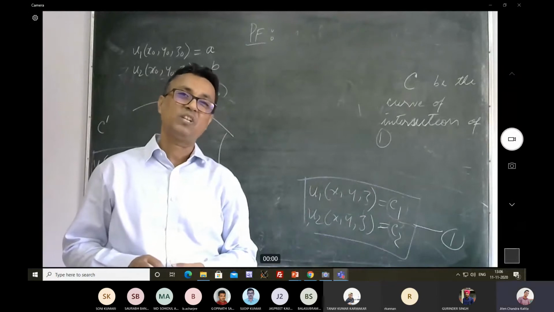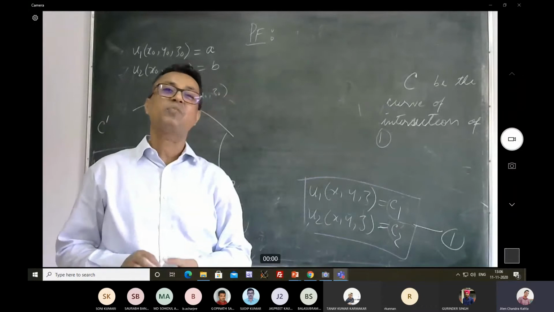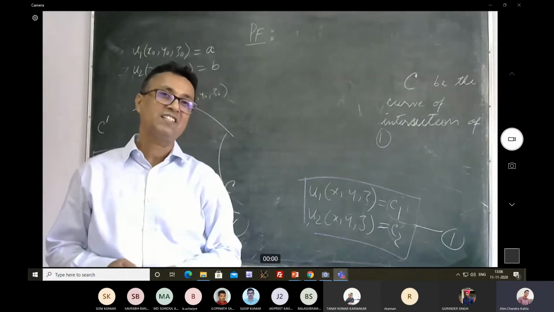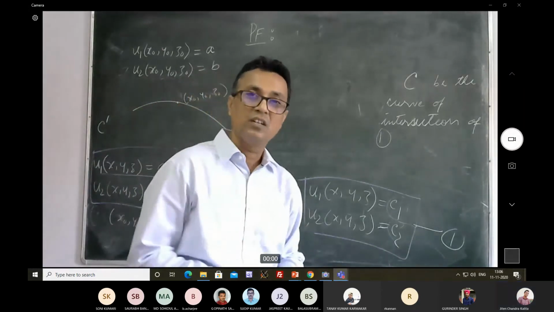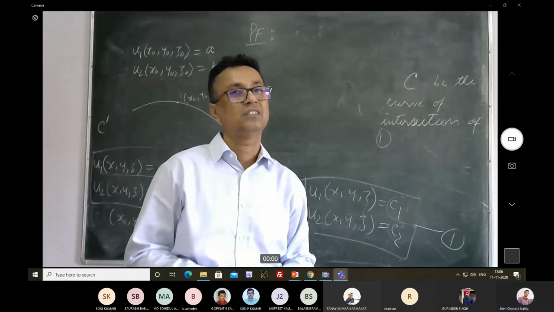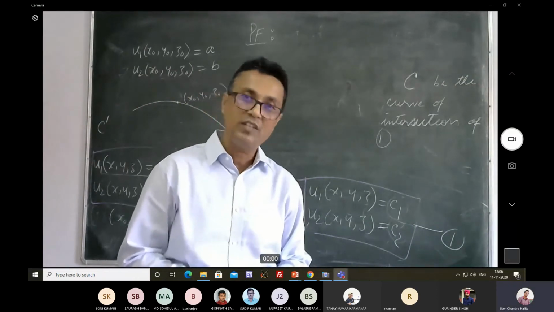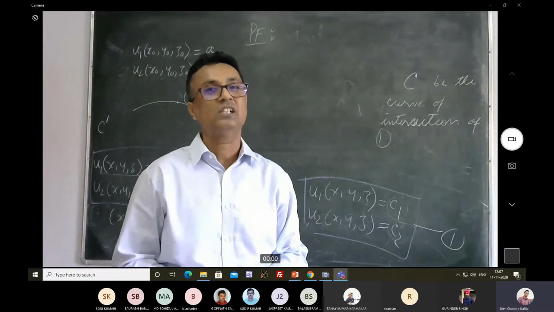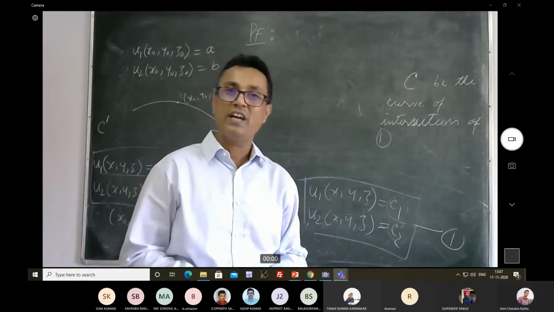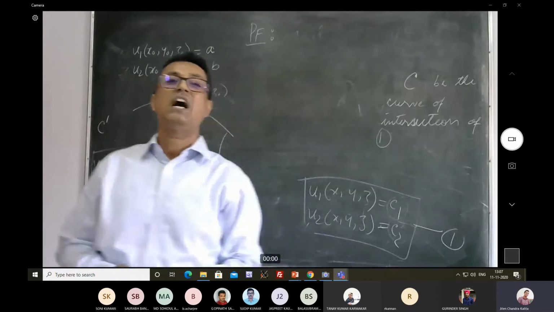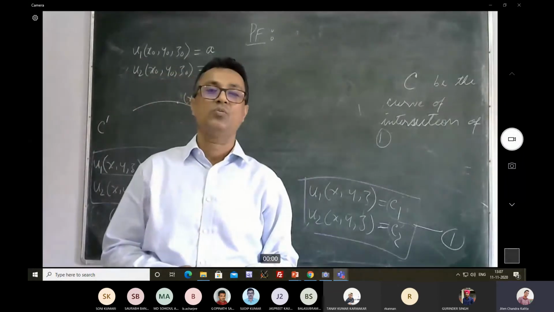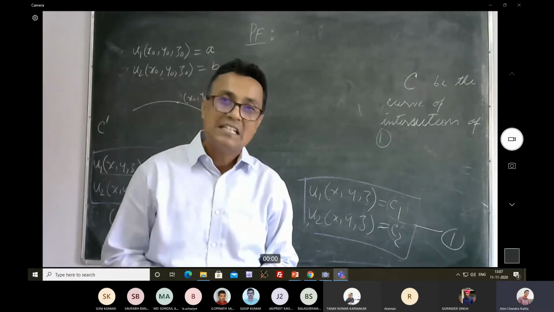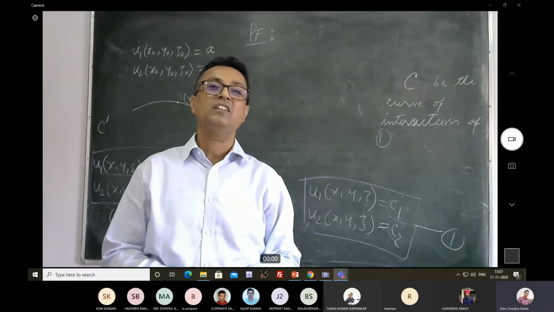Then there is an associated system of equations for V, which we have already discussed earlier, and that is nothing but dx/dt equal to P, dy/dt equal to Q, and dz/dt equal to R. So we have a system of equations in 3D, and we have an initial condition which is the same for both curves C and C prime.